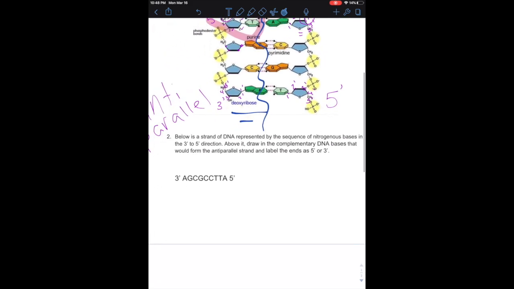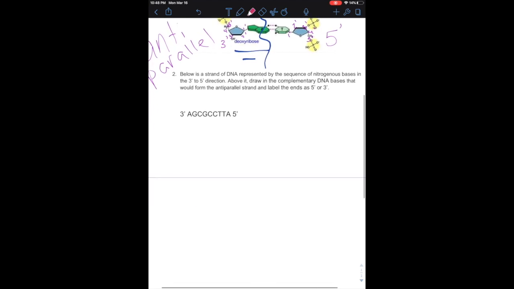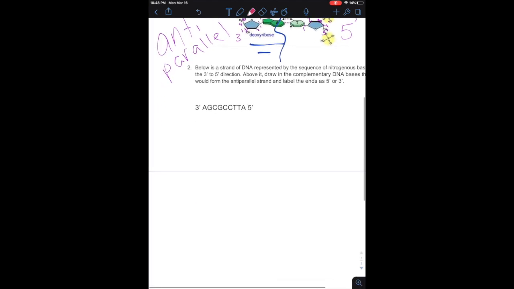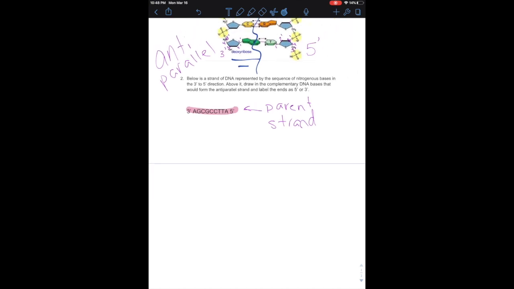Now, the second part hopefully wasn't too hard for you. It gives you this strand of DNA. This would be our original strand, so we're going to call this our parent strand. And we want to draw in the complementary DNA bases that would form.